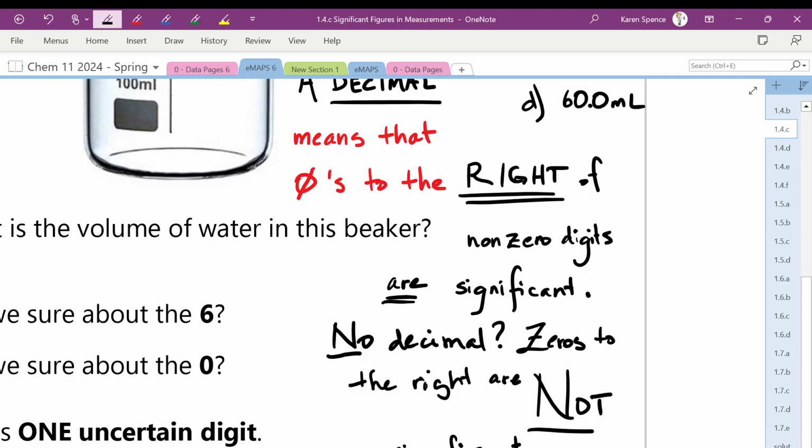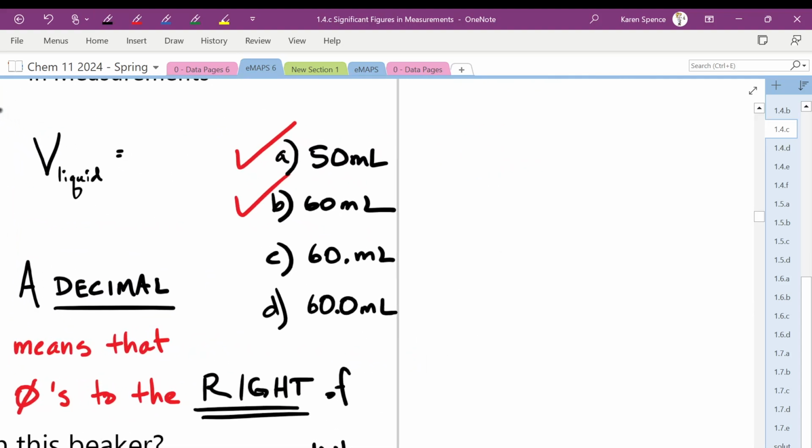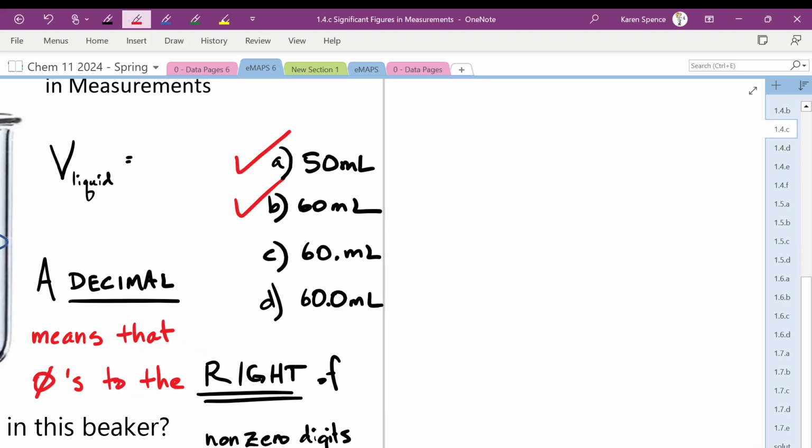So what that means is that if we have a decimal, our uncertain digit is the last digit. So if I have a decimal, like in C, my uncertain digit is the last digit. But if I do not have a decimal, my uncertain digit is my last non-zero digit.